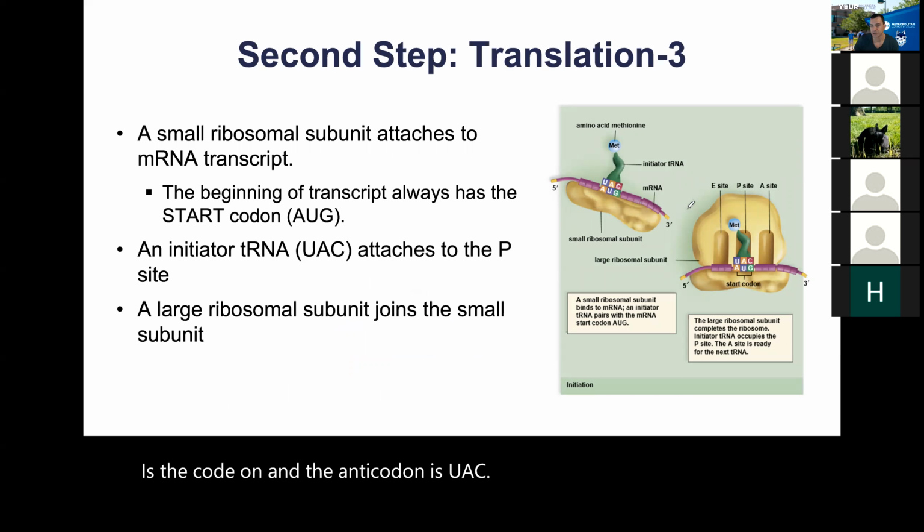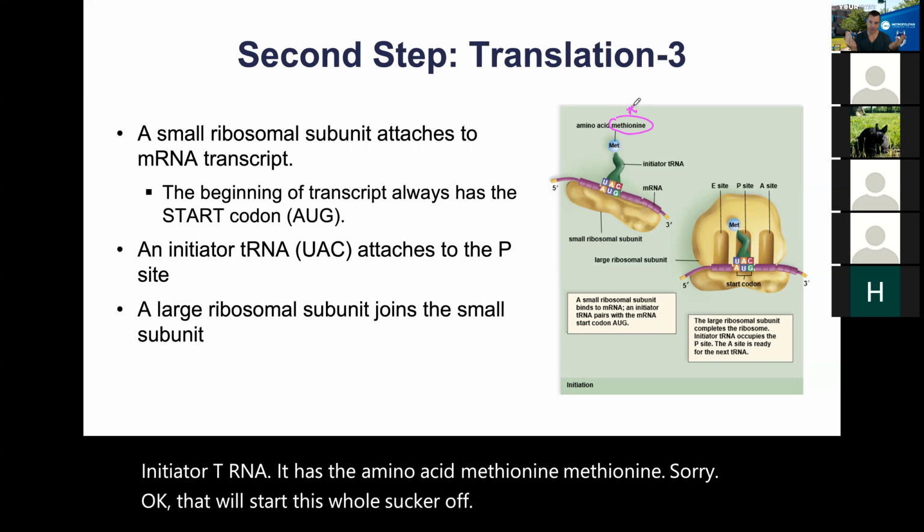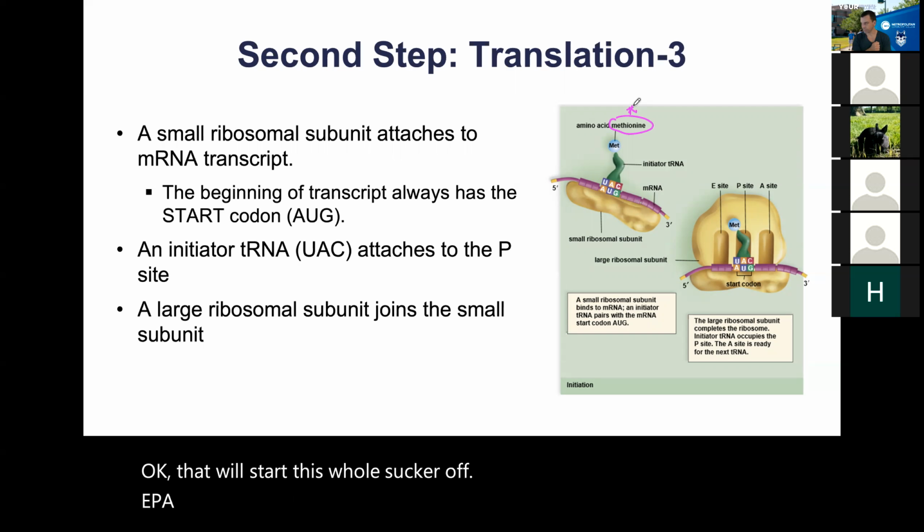The messenger RNA and initiator tRNA have the amino acid methionine. That's what starts this whole thing off. E, P, A. And now it just continues like I said.